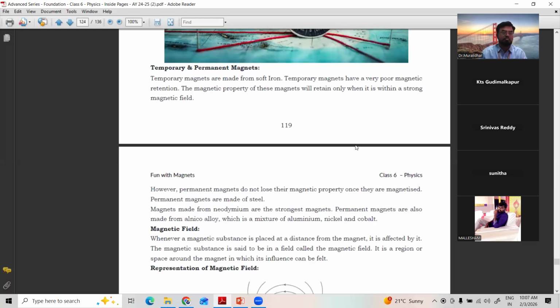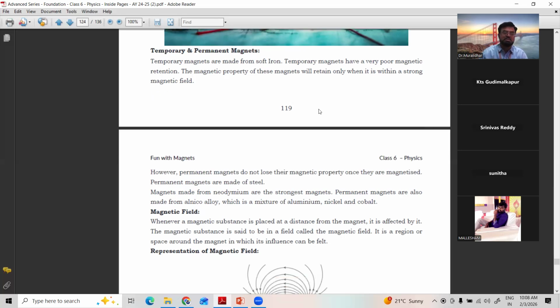Now let us see what a temporary magnet and a permanent magnet are. As we discussed in the last class, some magnetic materials retain magnetism permanently, whereas some materials lose the magnetic property within no time.